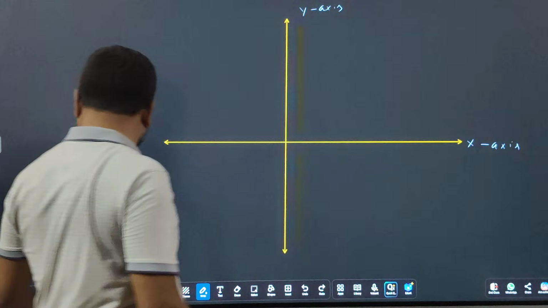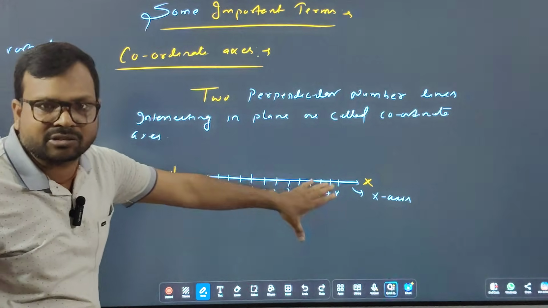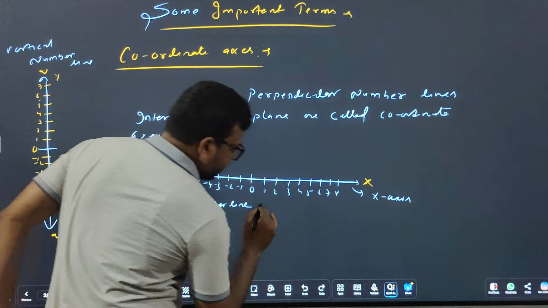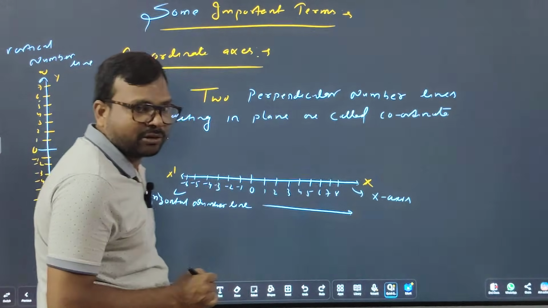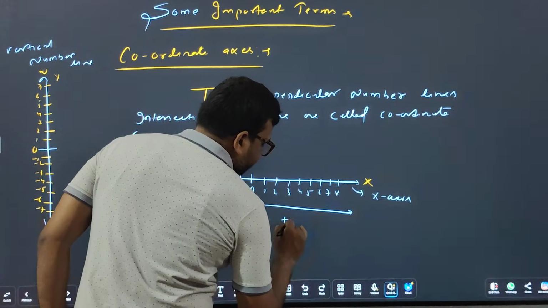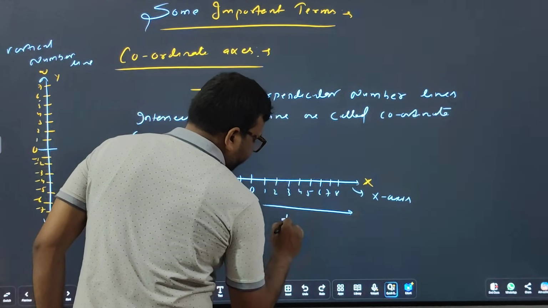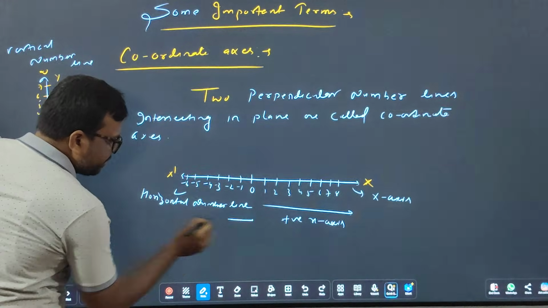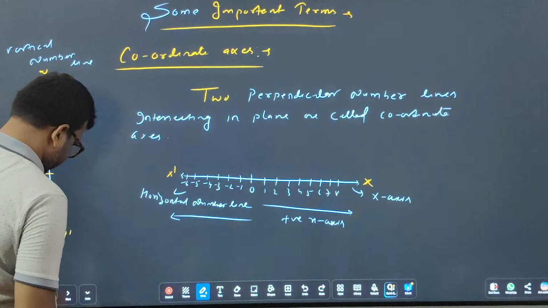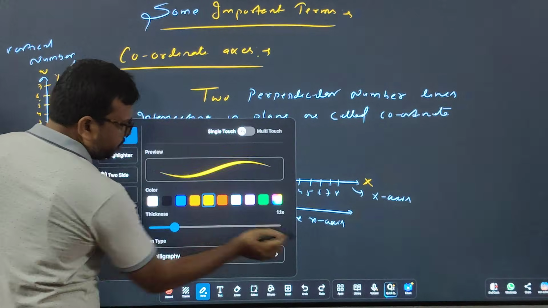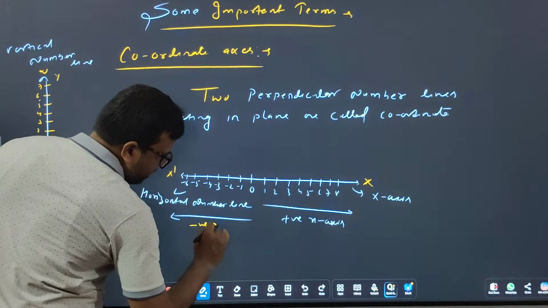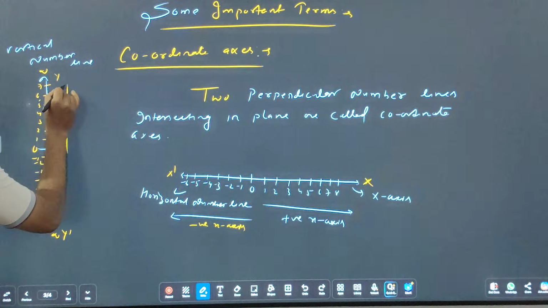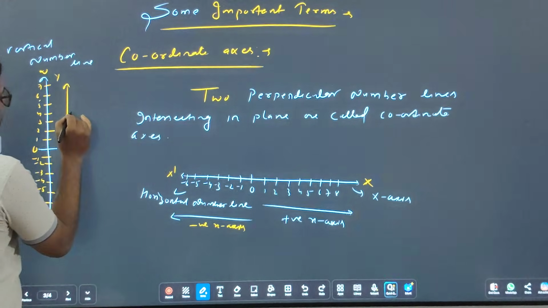I have already discussed in the previous slide that the horizontal line is called the x-axis while the vertical line is called the y-axis, and the positive side of the horizontal line is called the positive x-axis, while the left side is called the negative x-axis.